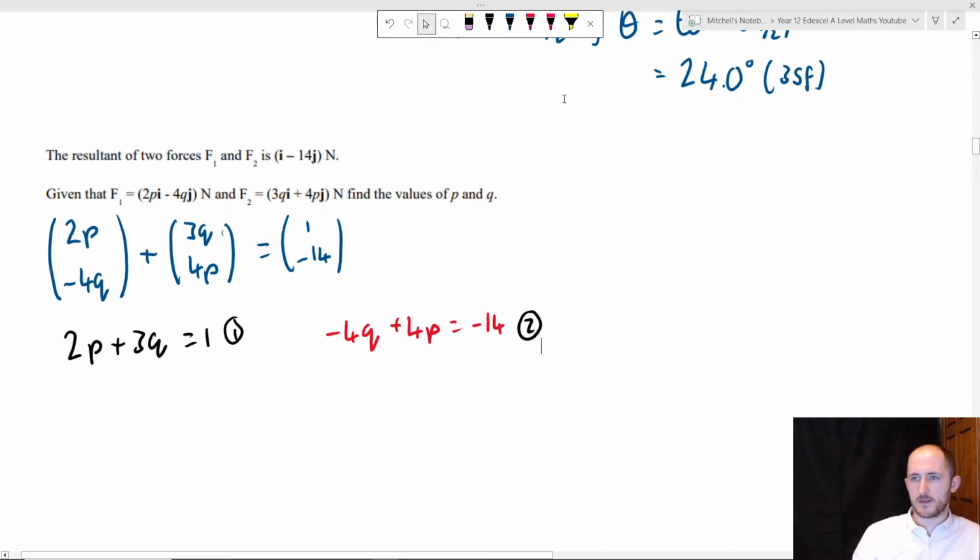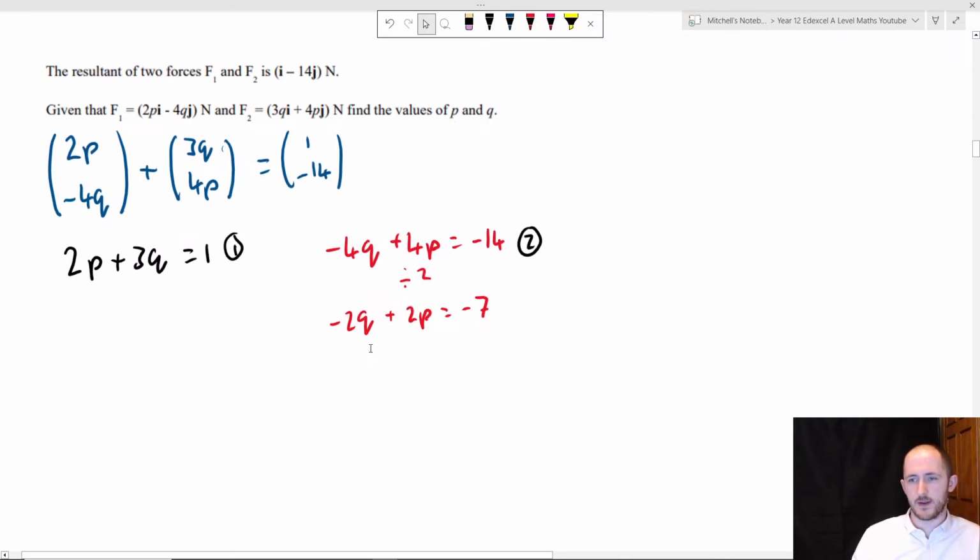So what I would probably do is if I look at equation 2, I'm going to divide everything by 2, and we're left with minus 2q plus 2p equals minus 7. And if I look at equation 1, there's a 2p there, so I'm going to use substitution for this method. Although you could quite easily do elimination as well. So if I rewrite this over here, we have 2p minus 2q equals minus 7.